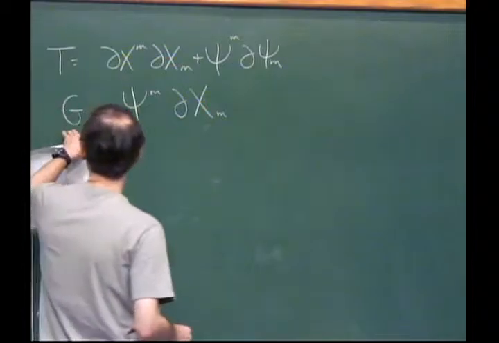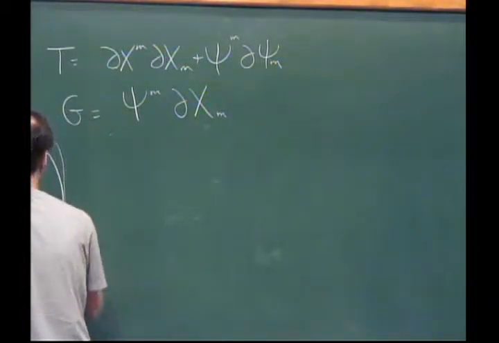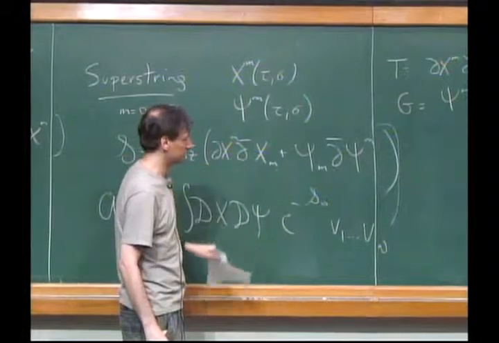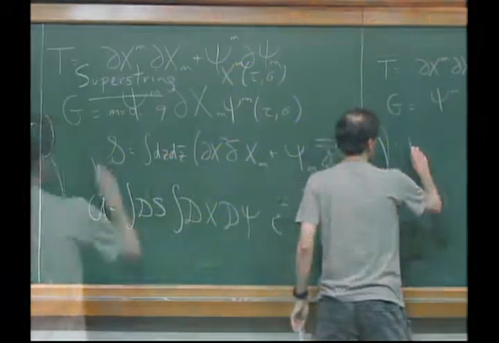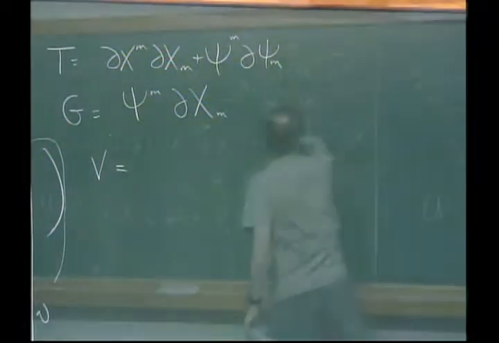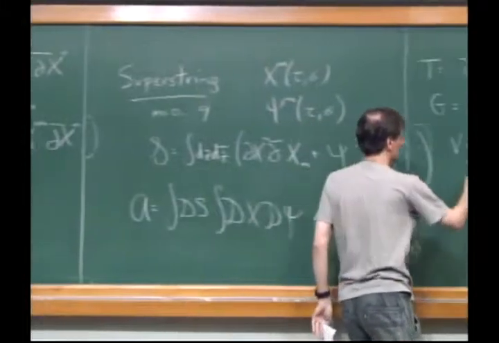Now if you want to preserve this N equals 1 superconformal invariance, you have to add vertex operators which are N equals 1 superconformal primaries. And the analog of this vertex operator for the superstring is now this operator.